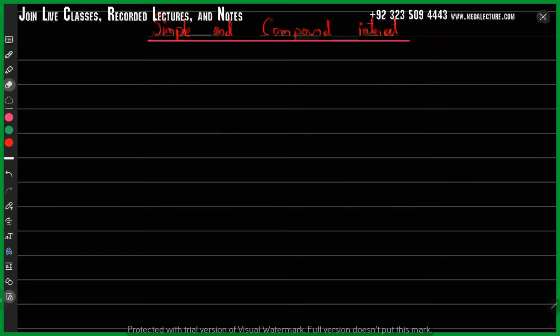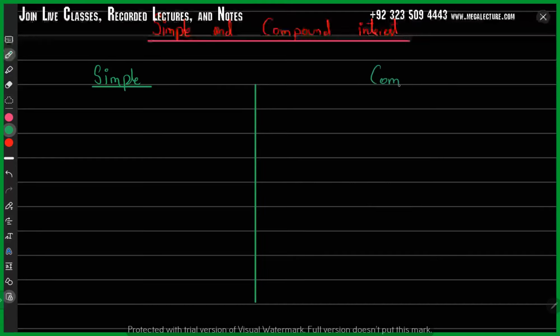I'll erase all of this, and we are going to talk about it in comparison with compound interest. Let me explain this concept parallelly. Let's say we have simple interest and we have compound interest. This is bank X, and this bank is offering 5% interest.